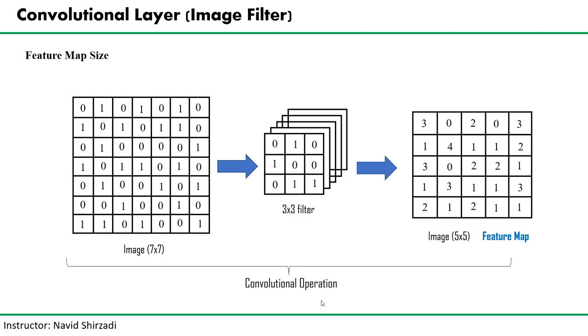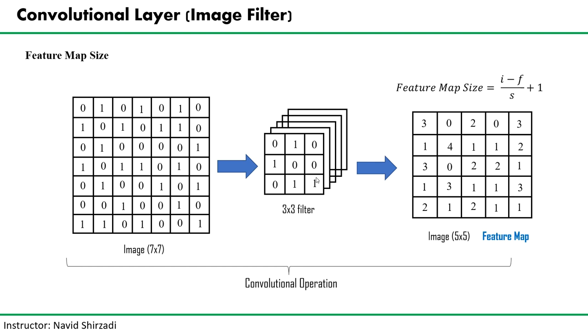So this is called convolutional operation. By applying the filters on our image and creating feature maps based on those filters, we are actually passing our image through a convolutional operation. And there is a rule of thumb for calculating the feature map size. It could be calculated based on the size of the original image, that is, for example, 7. So it's 7x7, we just put 7 here.